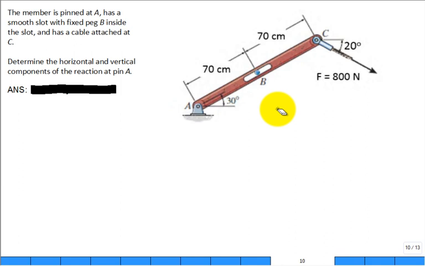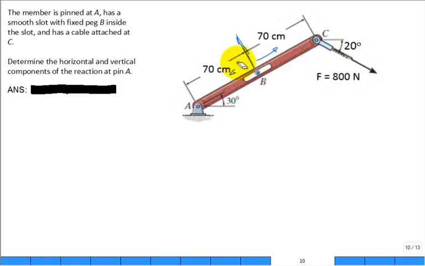Okay, so if this reddish member wanted to move this way or that way, it could. The peg at B would let it slide within the slot. But if it wanted to move this way or that way, it would say no. It would develop a reaction, a force would be exerted onto that reddish member that has the slot in it because of the peg.